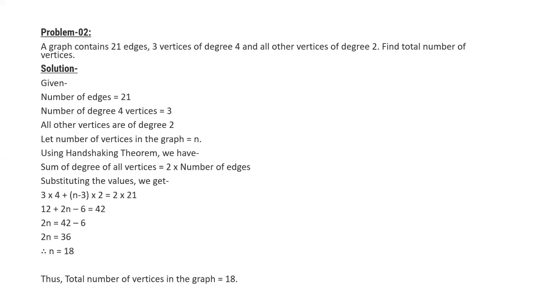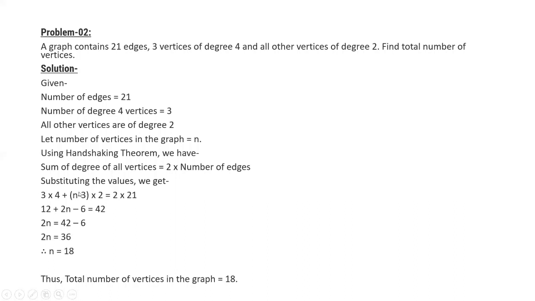Let the number of vertices in the graph be n, and use the handshaking theorem: the sum of the degrees of all vertices is equal to twice the number of edges. Of the n vertices, 3 vertices have degree 4, so 3 into 4.